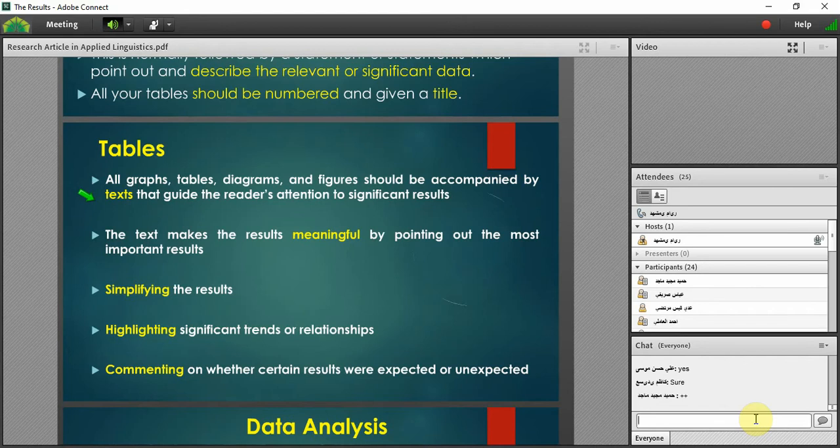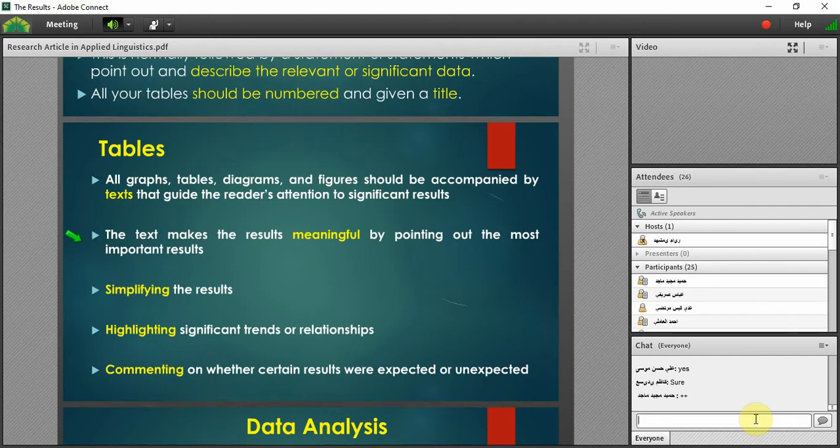You use the text to make the results meaningful by pointing out the most important results. This is very important. Pay attention to this line: the text following the tables makes the results meaningful by pointing out the most important results.